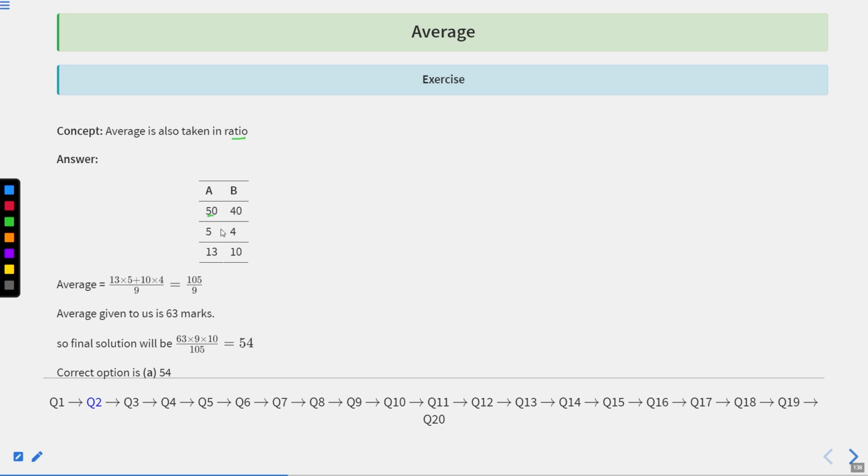So their ratio is going to be 5 is to 4, and their average ratio is going to be 13 is to 10.